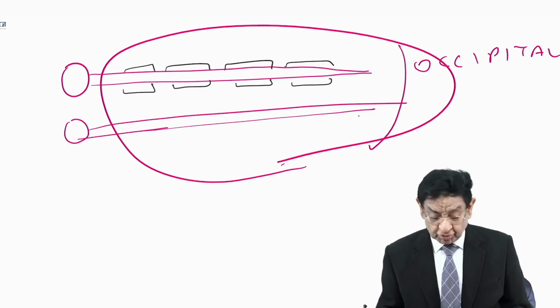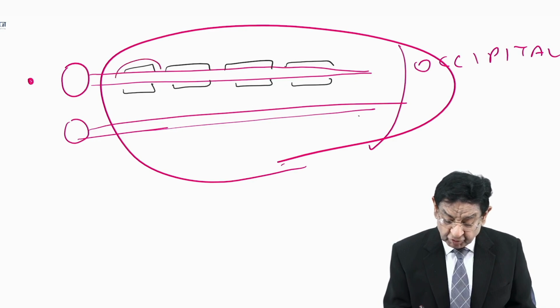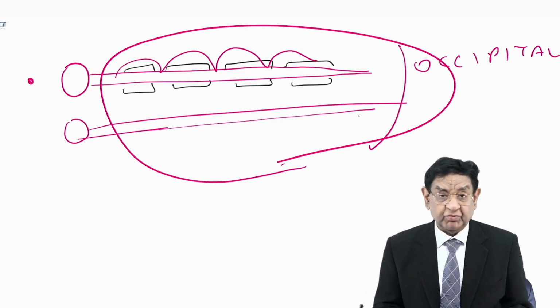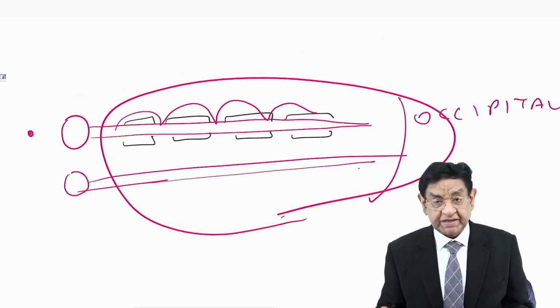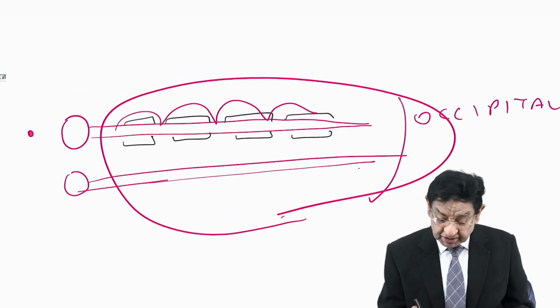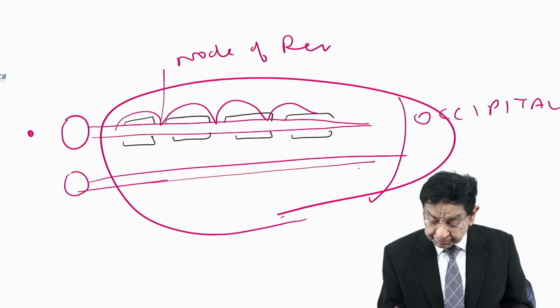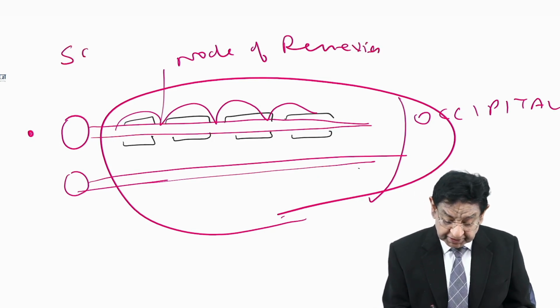So now you know very well, suppose you throw a light here, the impulse travels very fast and reaches the brain very fast. Why? We are well aware that in the myelin sheath there are the nodes of Ranvier, basic physiology, which lead to saltatory conduction.